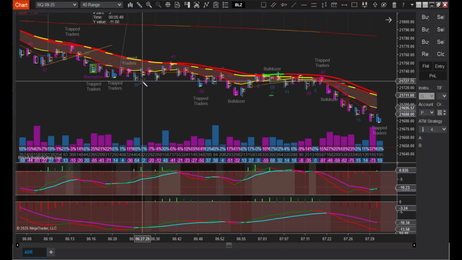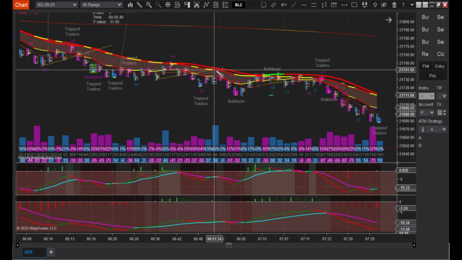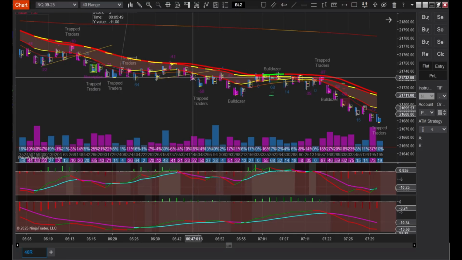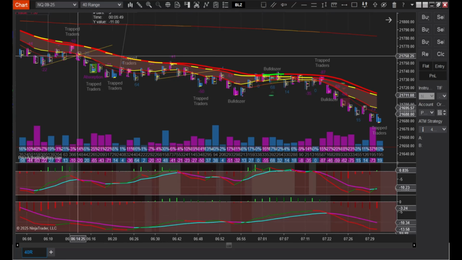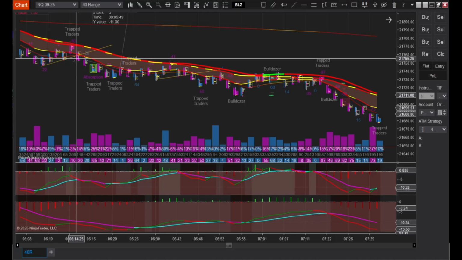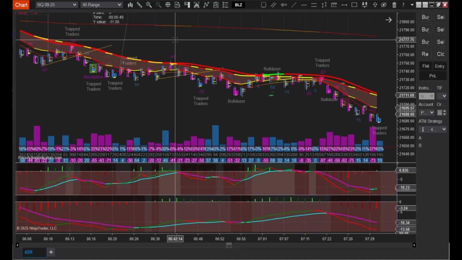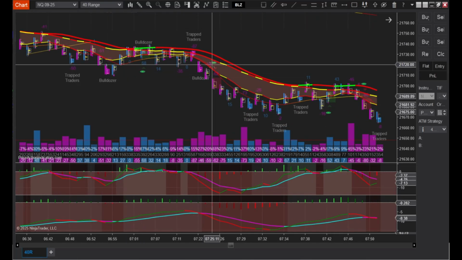These continuation trades still work nicely. All right, this one not so nice, but we're above here, so there's no trade. This one is that one.